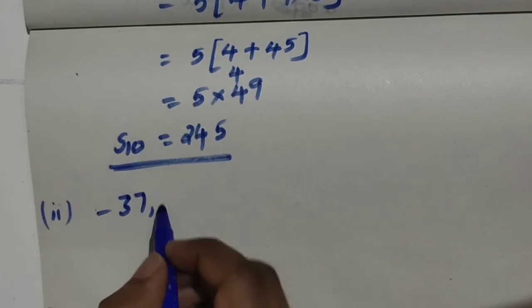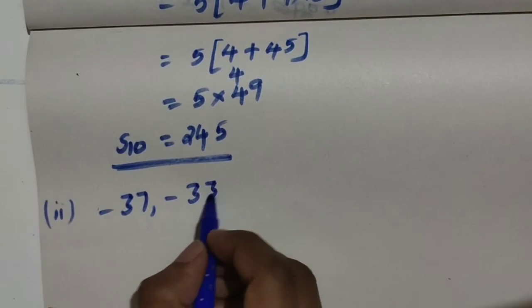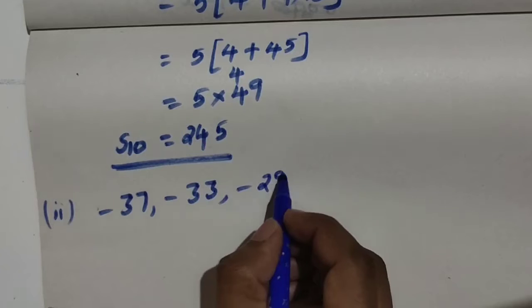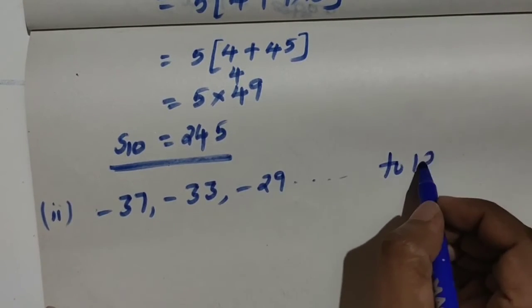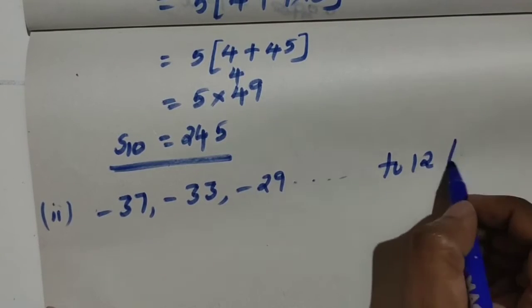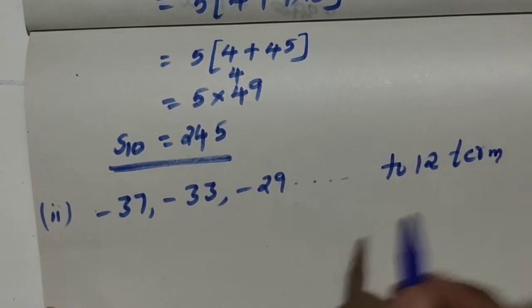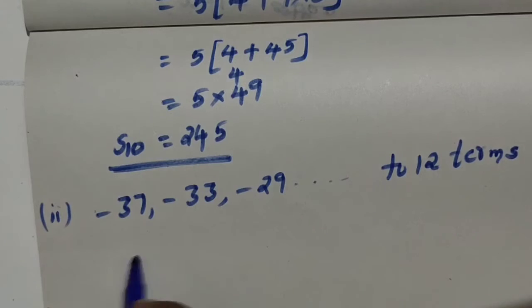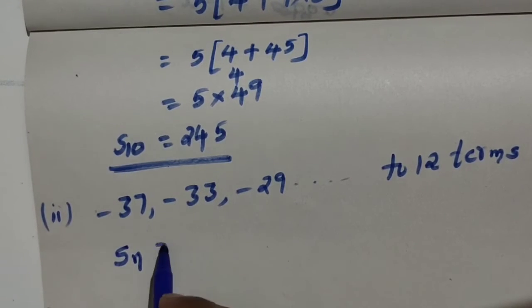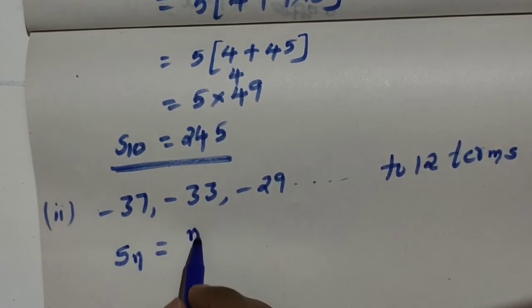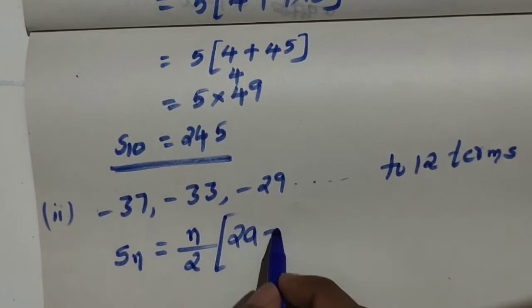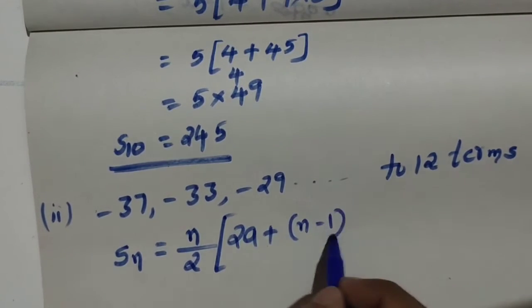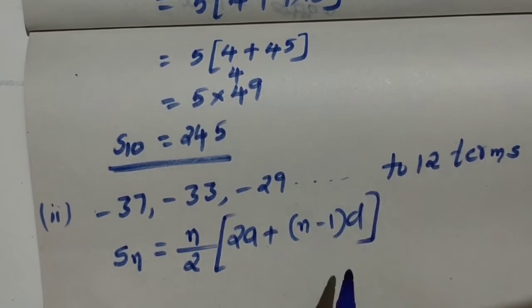Minus 37, minus 33, minus 29 and so on, up to 12 terms. That is, we have to find the sum of up to 12 terms. Here again we have to write the Sn formula. What is it? Sn is equal to n by 2 into 2a plus (n minus 1) into d.